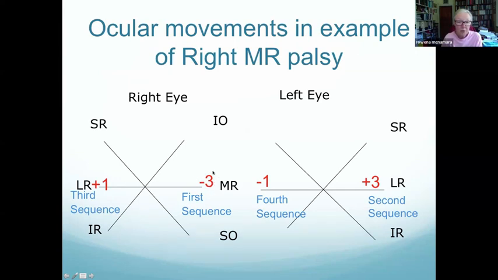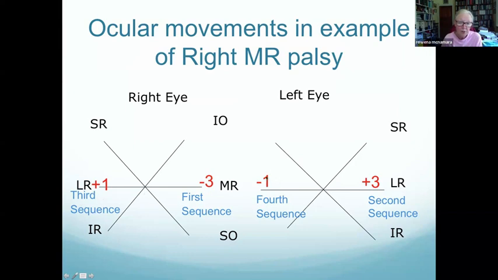You would have a primary right medial rectus under action. The second sequence would be overaction of the contralateral synergist, which is the lateral rectus in the left eye. The third part would be the overaction of the ipsilateral antagonist, which is the lateral rectus in the right eye.